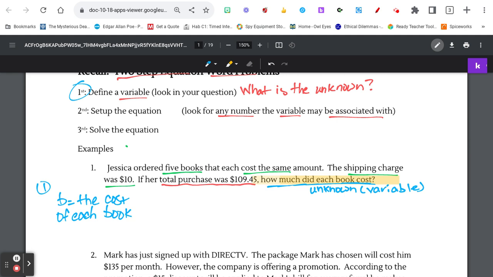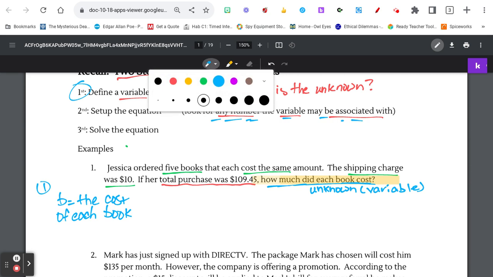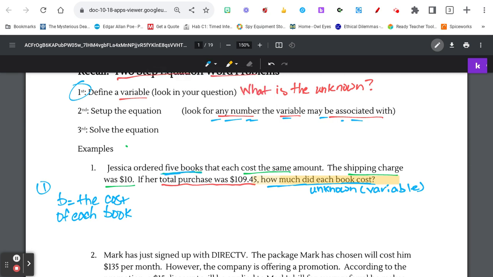So I told you the second step would be to set the equation up, but we're going to look for any number the variable may be associated with. And you go back to your word problem. So I'm just going to read this word problem. It says Jessica ordered 5 books. So already right here, I know that she ordered 5 books, and they all cost the same.